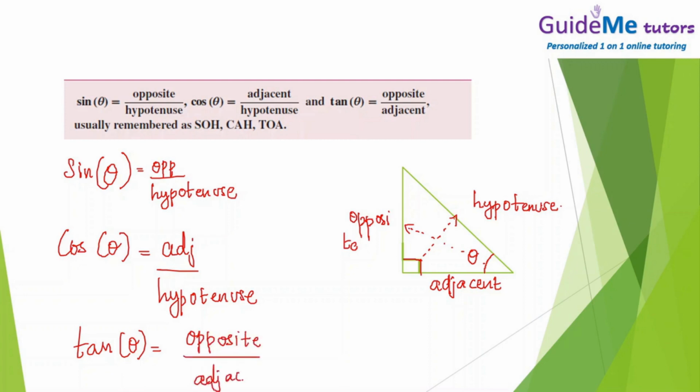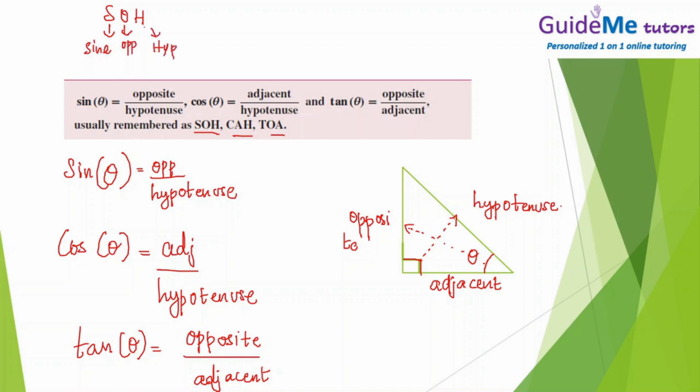So what's an easy way to memorize these ratios? There is a technique, a method to memorize these ratios, and that is SOH CAH TOA. S stands for sine, O stands for opposite, H stands for hypotenuse.